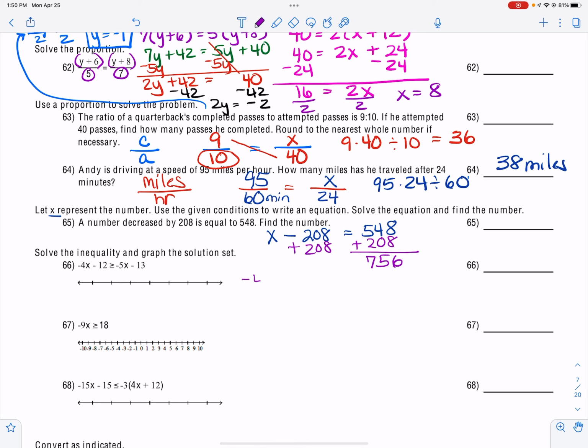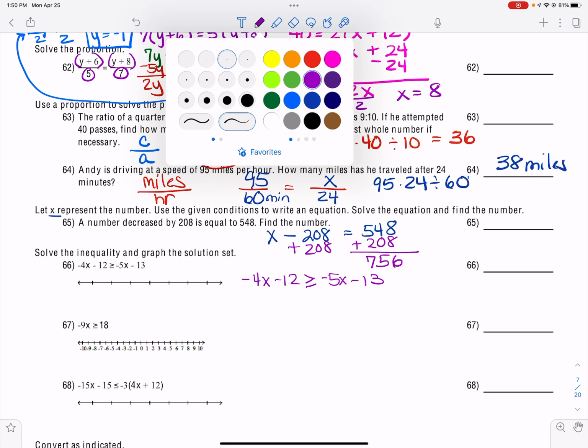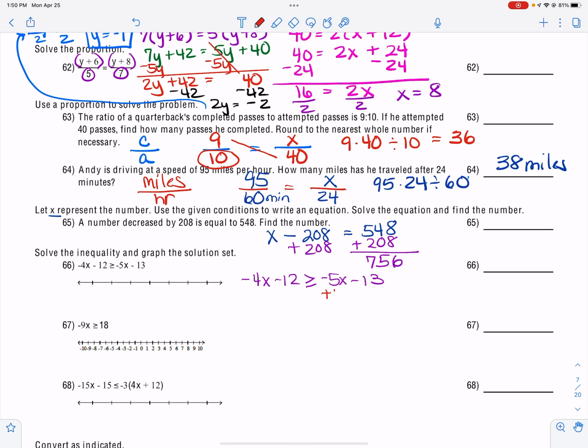And I've got negative 4x minus 12 greater than or equal to negative 5x minus 13. So I am going to move over the variable first by adding 5x to both sides. That gives me 1x minus 12 is greater than or equal to negative 13. And then I'm going to add 12.